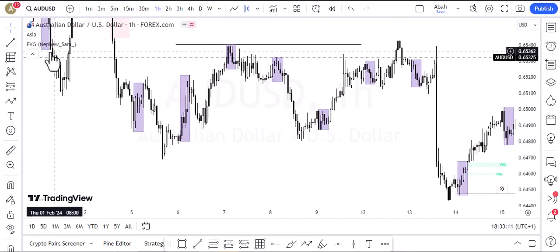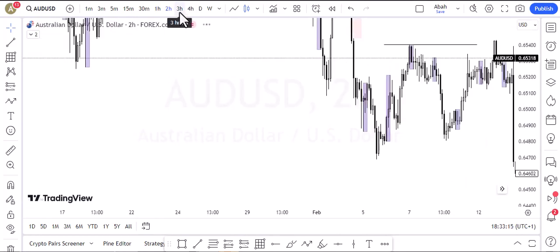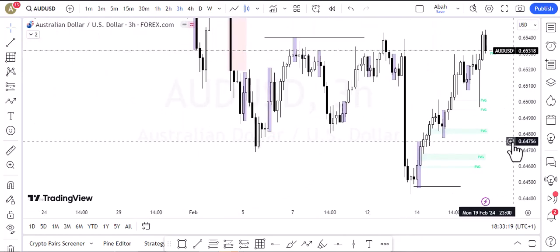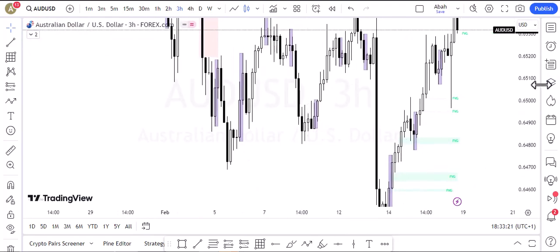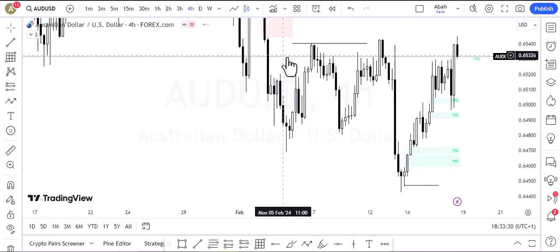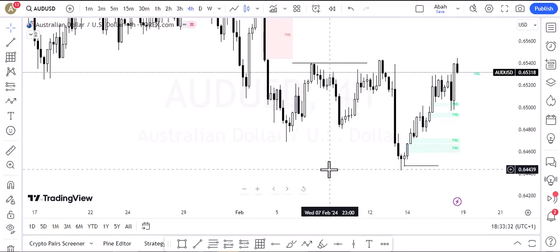Let me remove this indicator, or let us just use a higher time frame. Let's use 3 hours. Yep, it is more clear here. This is my setup. Let's just use the 4 hours where the Asian indicator will not show. Look at it here now.